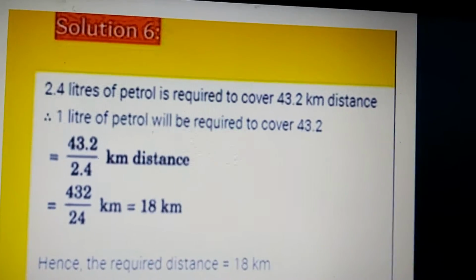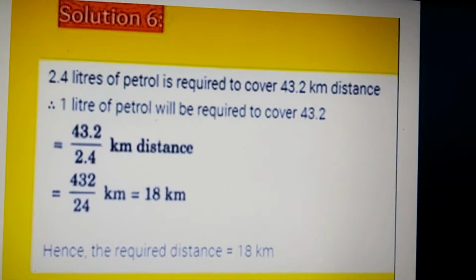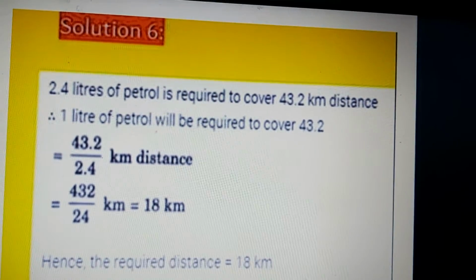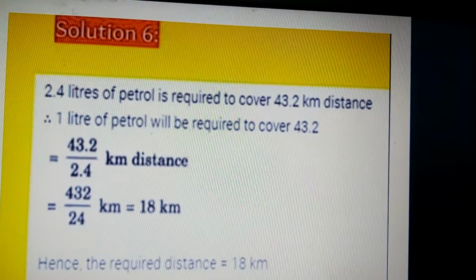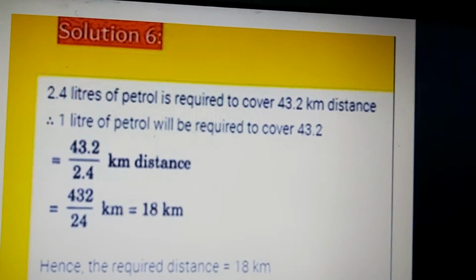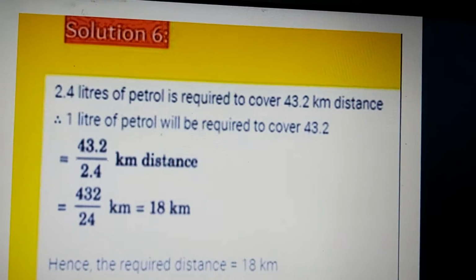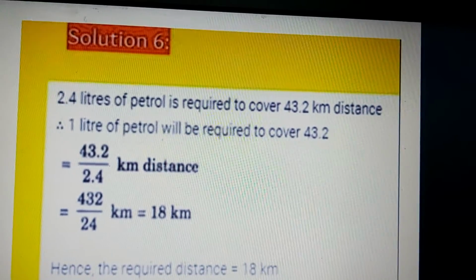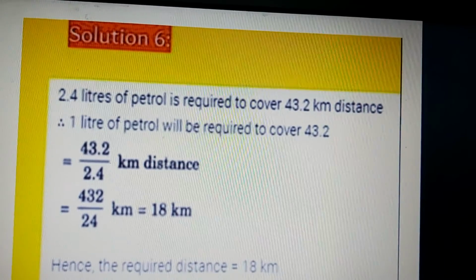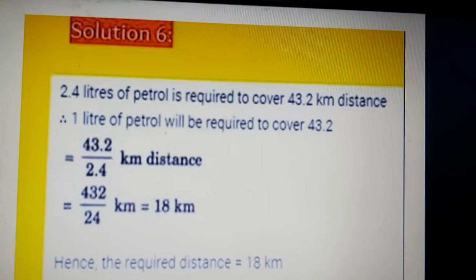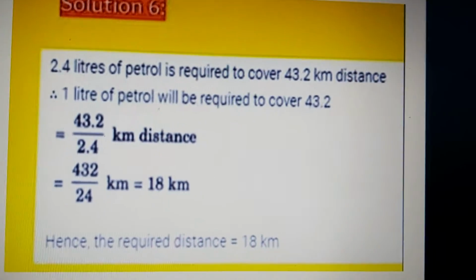So we will have the answer 18 kilometer, because 2.4 liters of petrol is required to cover 43.2 kilometer distance. So 1 liter of petrol will be required to cover 43.2 divided by 2.4. So we will have the answer 18 kilometer. Hence the required distance will be 18 kilometer.